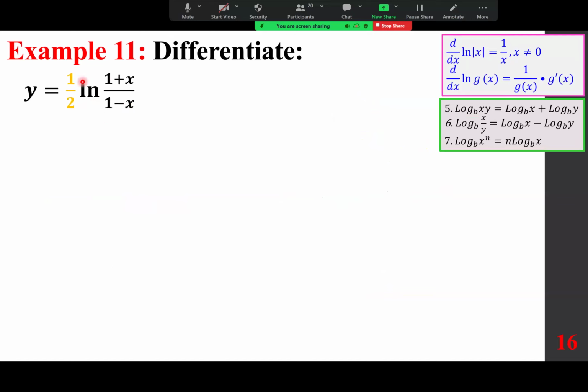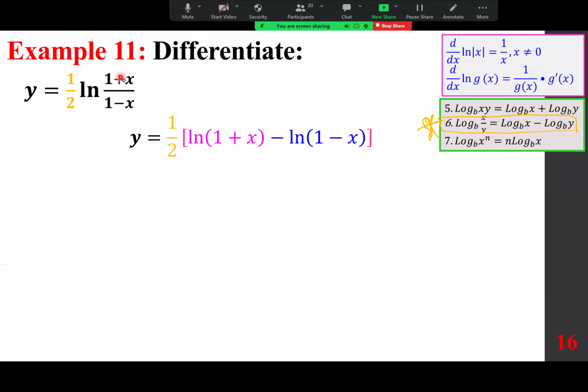You are going to decompose this using the quotient rule: ln of the top minus ln of the bottom. So you have 1/2 outside the brackets, and then ln of 1 plus x minus ln of 1 minus x.